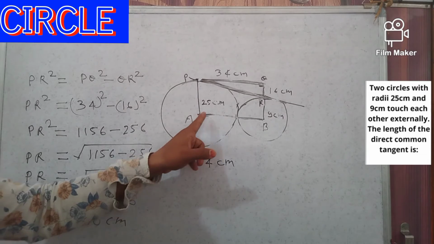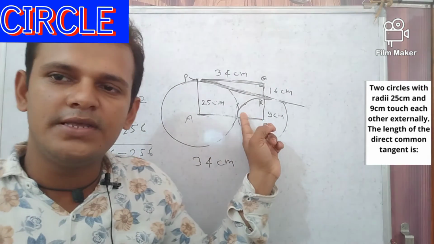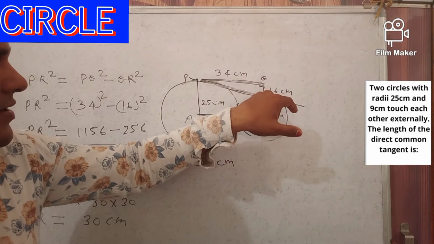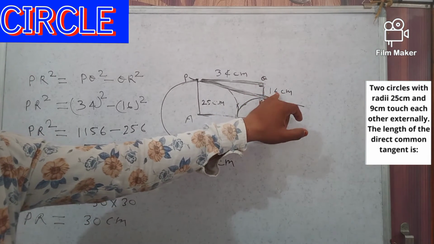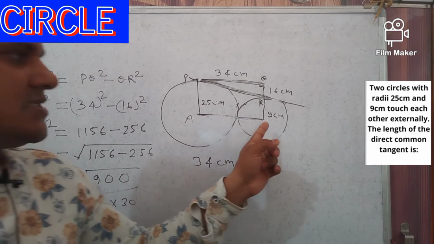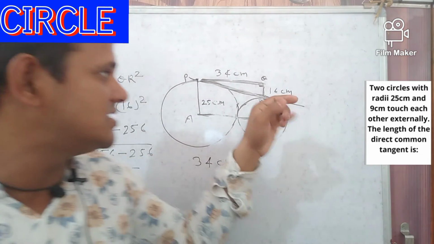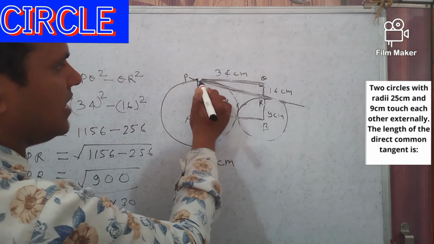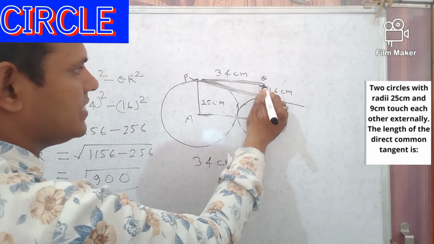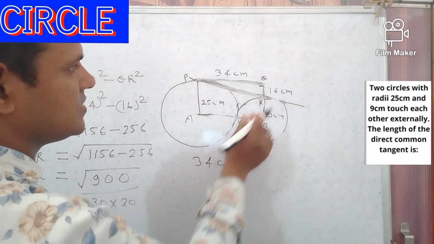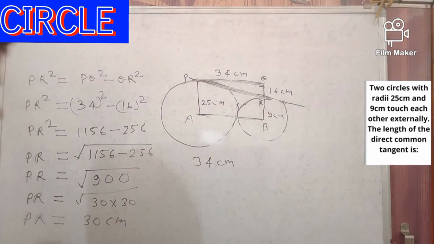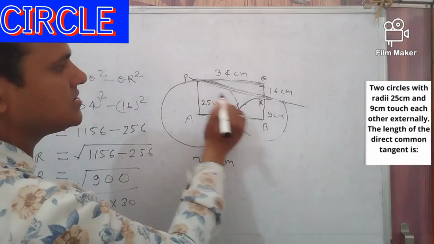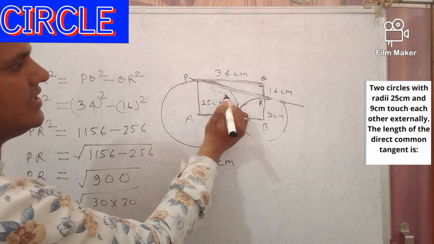This radius is 25 centimeter and this radius is only 9 centimeter, so QR length will be 16 centimeter, because 25 minus 9 is 16. Our target is to find only this length. We have this and we have this, so by the Pythagoras system we solve and PR is equal to 30 centimeter.